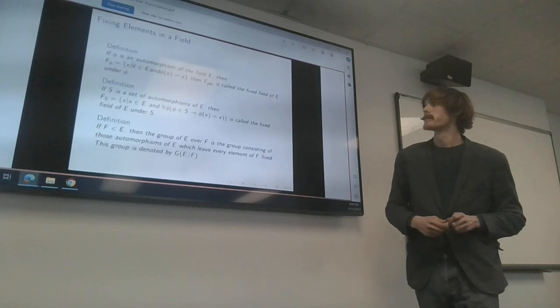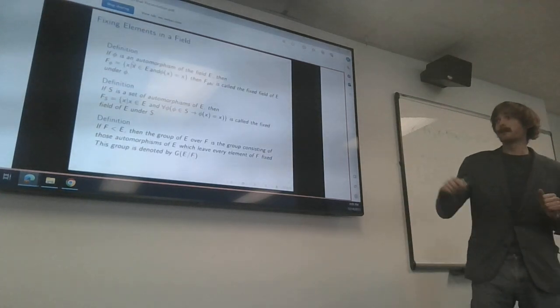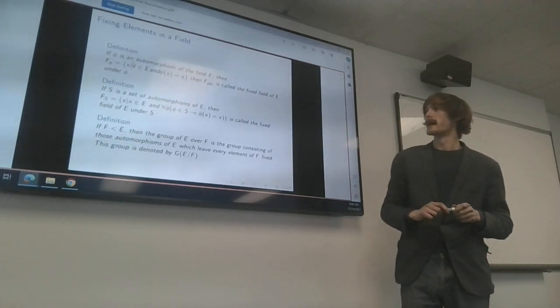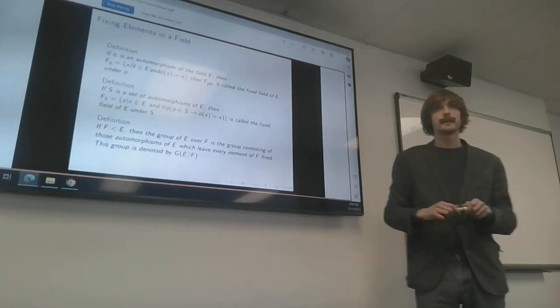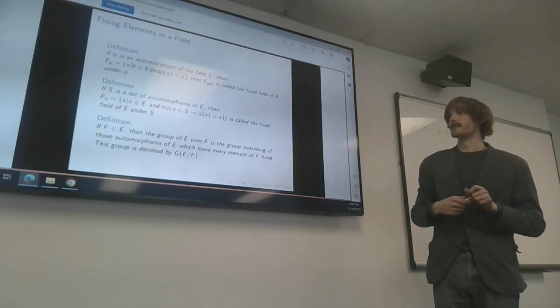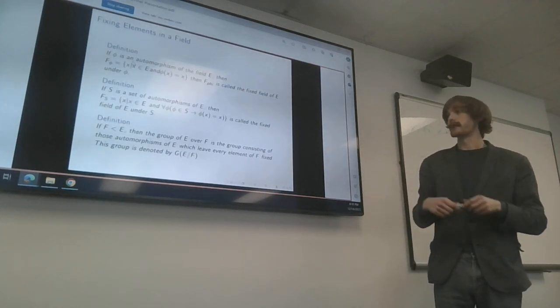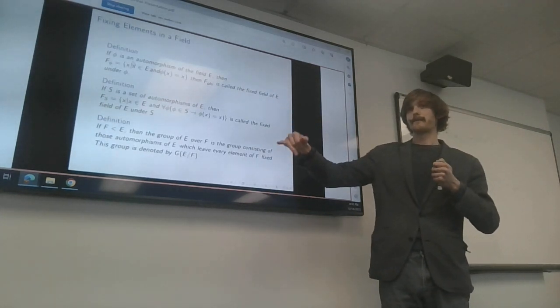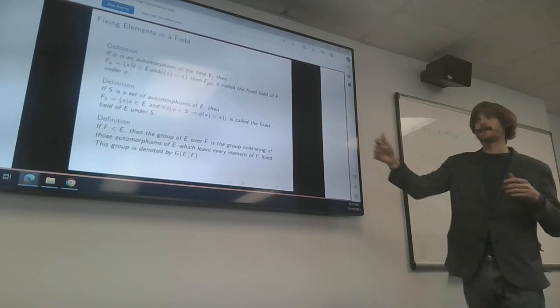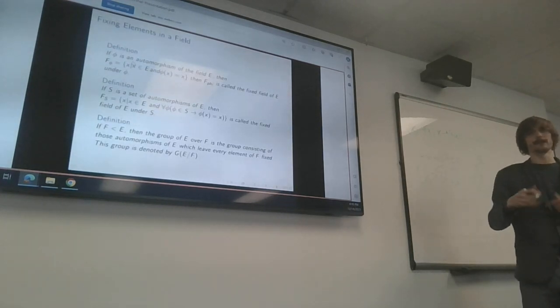So we have these things called fixed fields. You have a fixed field of E under a given automorphism. You can also have a set of automorphisms together, and you can create a fixed field under the set of automorphisms that keep the field fixed.